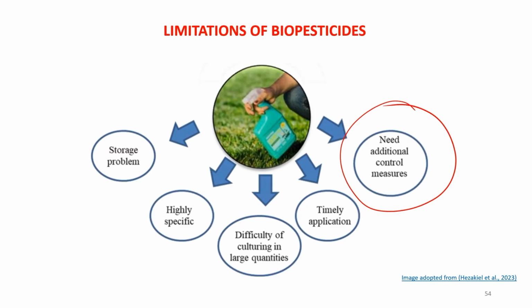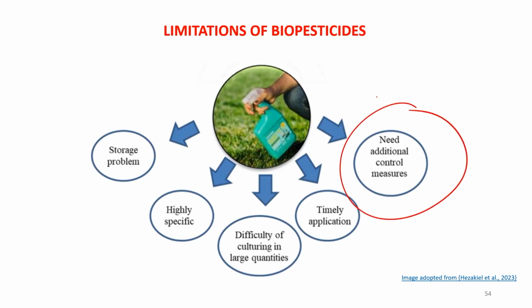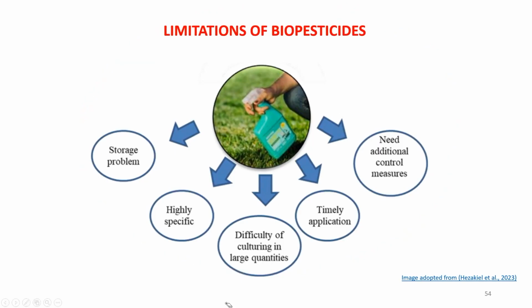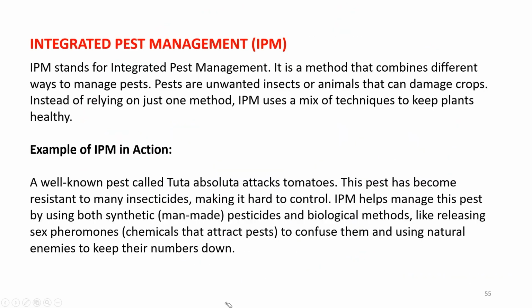For example, if we are using live microbes like fungi, bacteria, etc. as biopesticides, and if the field is already contaminated with broad spectrum pesticides which are harmful to these organisms, application of the biopesticides may fail. So, we need a total organic system where these biopesticides can be highly effective.